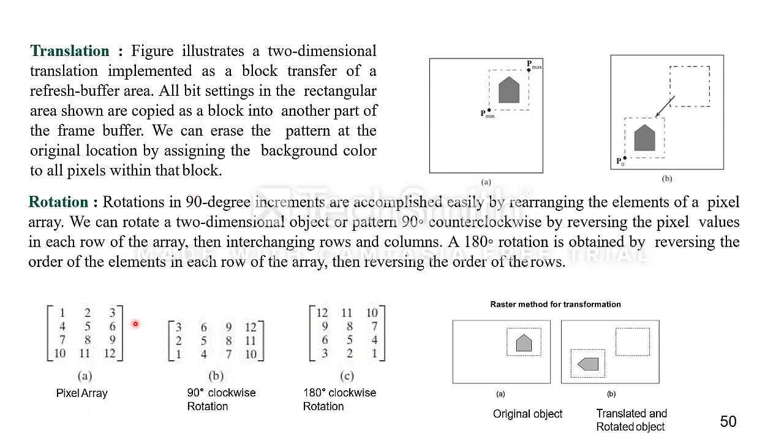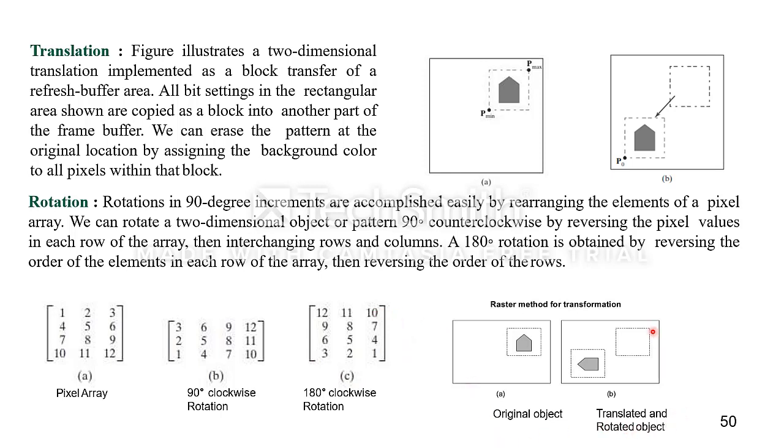And then rotation. As discussed, if we consider this pixel array and make a 90-degree clockwise rotation, then this pixel array becomes this array. If we again apply a 180-degree clockwise rotation on this, then it becomes this pixel matrix.